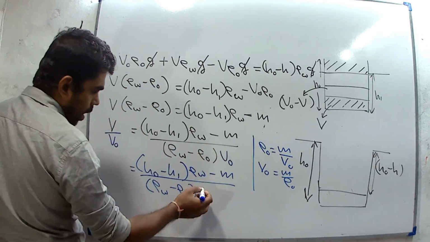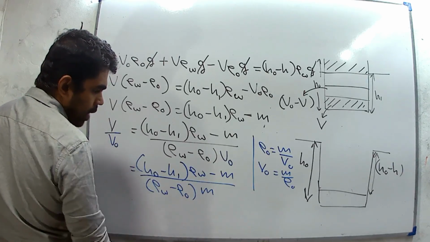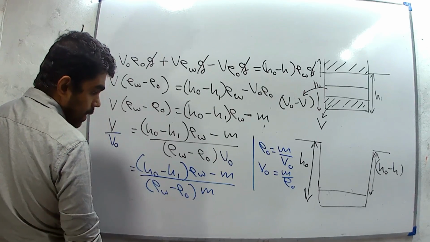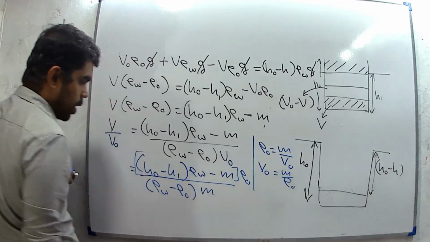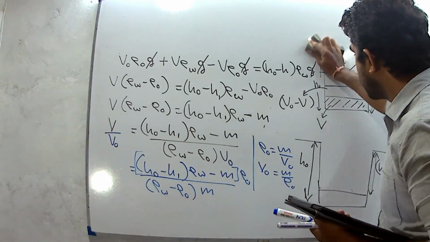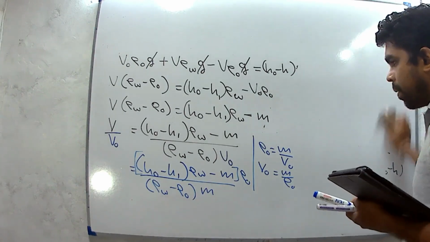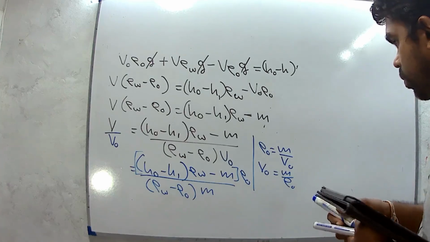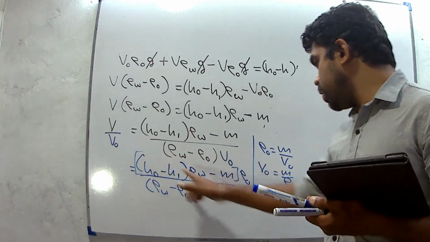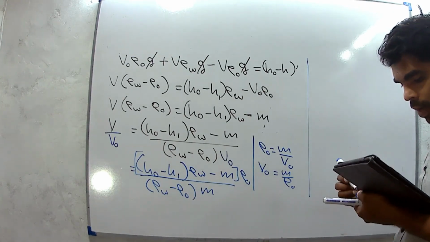Then we can substitute V naught as mass divided by density, rho oil. Now we can try to simplify it.